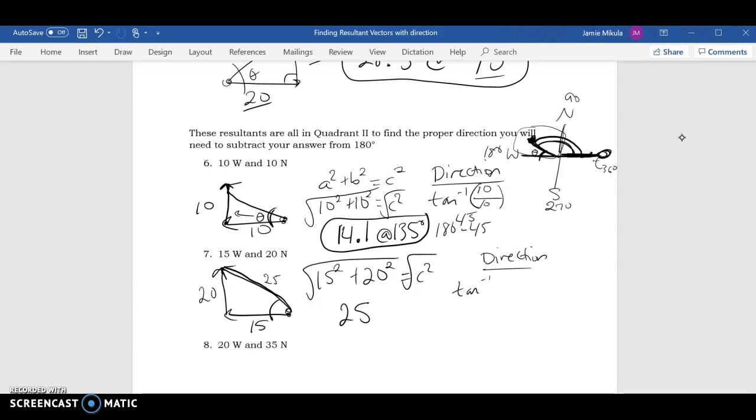So tan negative 1, my opposite is 20, my adjacent is 15. When you do that in your calculator, you get 53 degrees. However, you have to do 180 minus 53 to get 127. So your final answer will be 25 at 127 degrees.